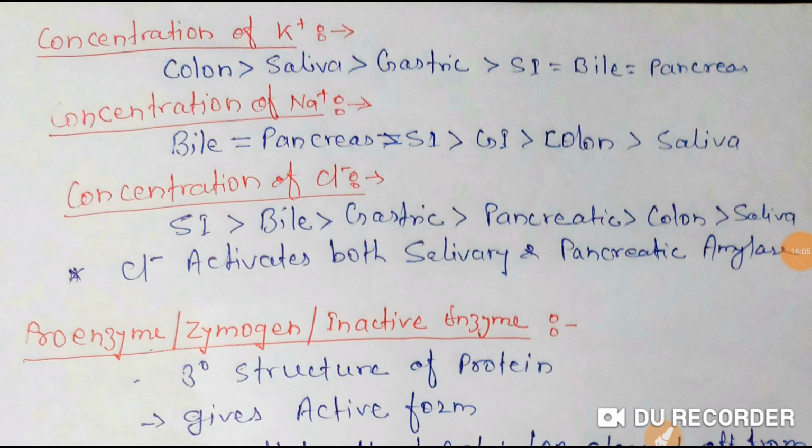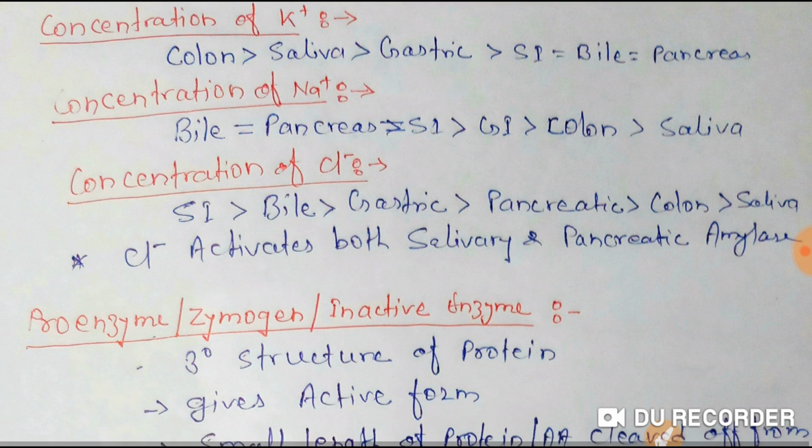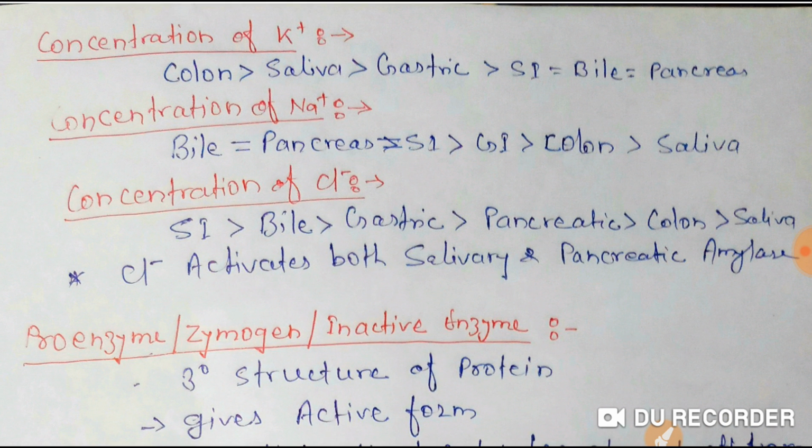After that, our theoretical discussion on concentration. These are also important. The potassium concentration is maximum in the colon, after that saliva, then gastric and small intestine secretion, while bile and pancreas have equal potassium concentration.